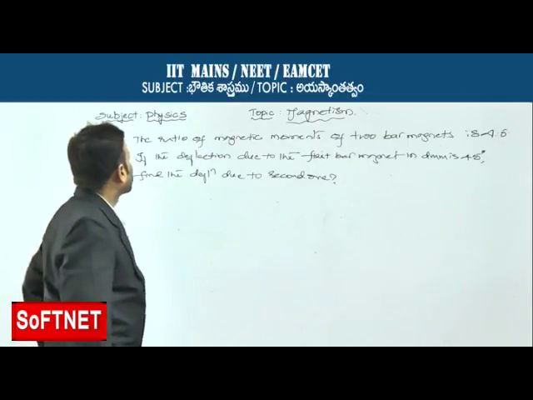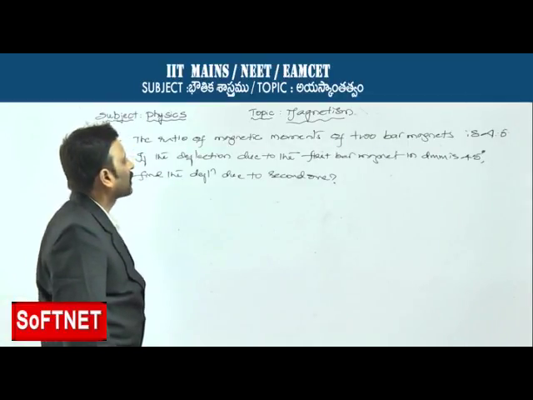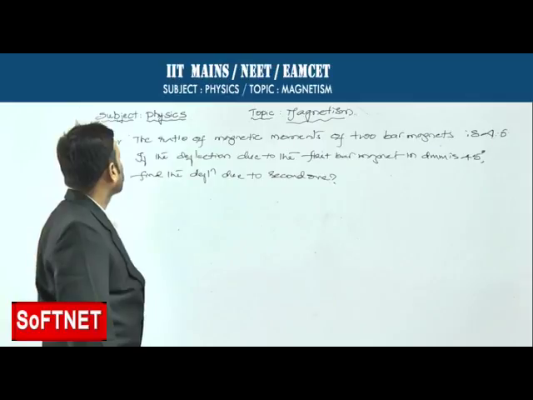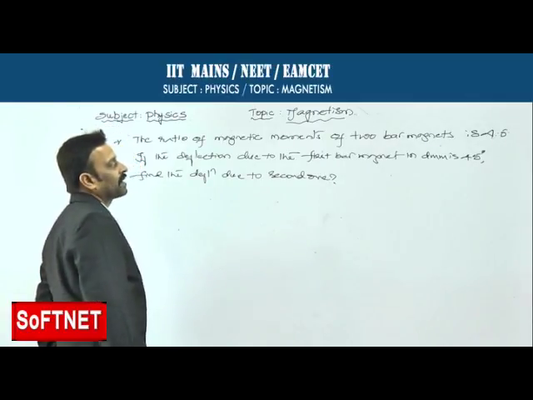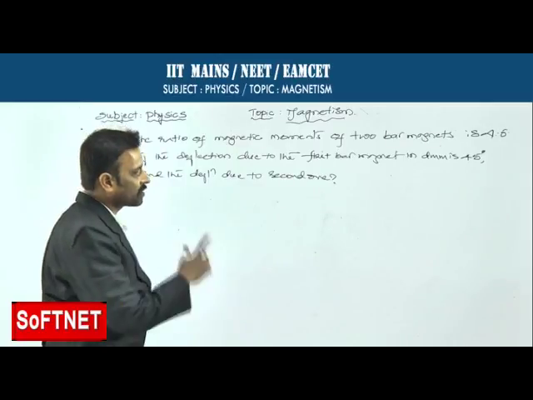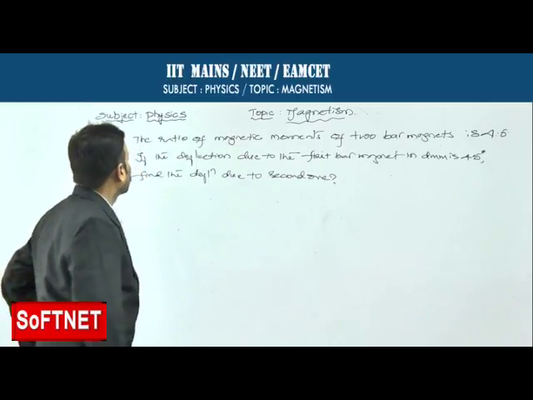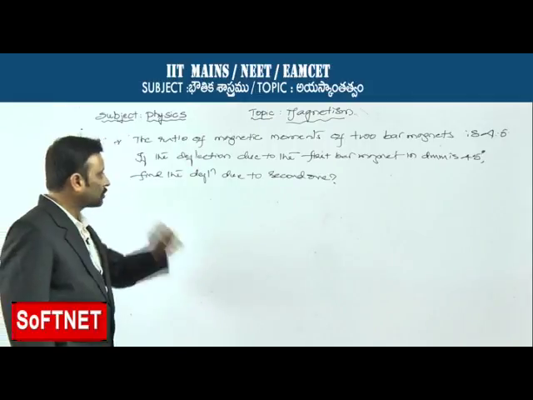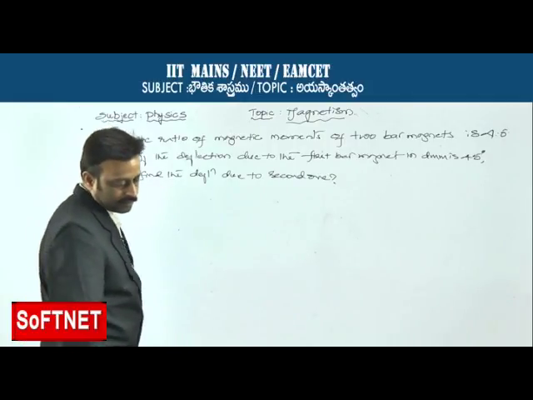Problem: the ratio of magnetic moments of two bar magnets is given as 4:5. If the deflection due to the first bar magnet is 45 degrees in DMM, that is a deflection magnetometer, you are asked to find the deflection due to the second bar magnet.